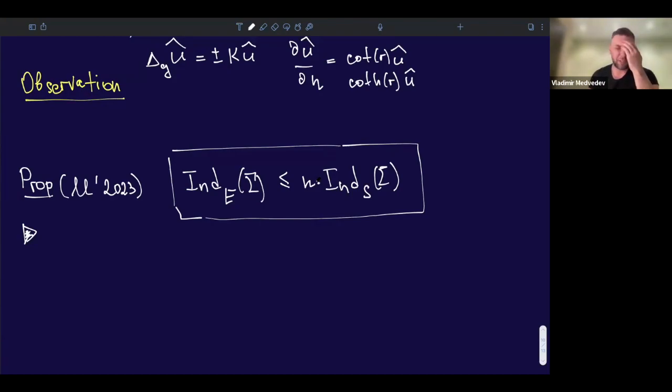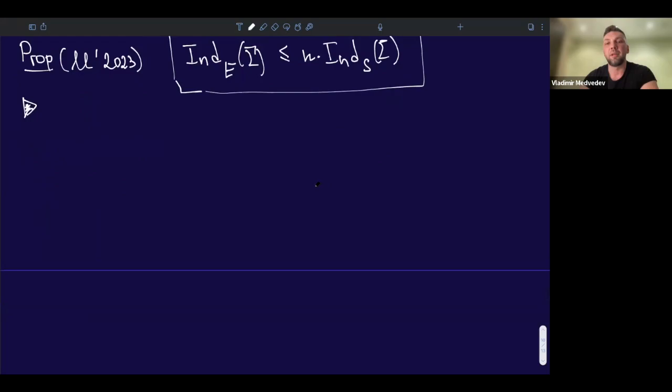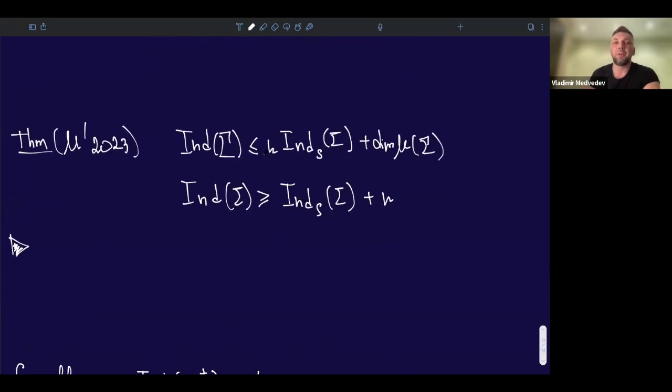By the way, the spectral index you can also define as the number of Steklov eigenvalues less than cotangent r in the spherical case, or less than hyperbolic cotangent r in the hyperbolic case. You can also prove the same formula which was also true for the flat case.